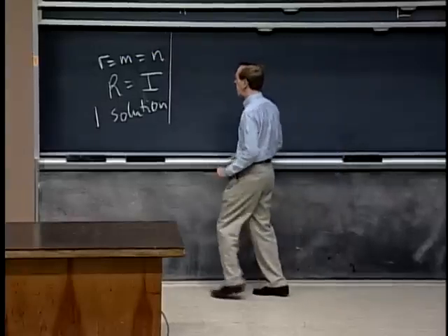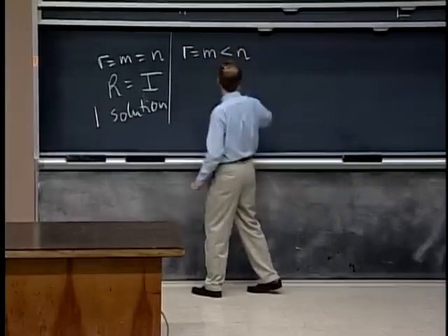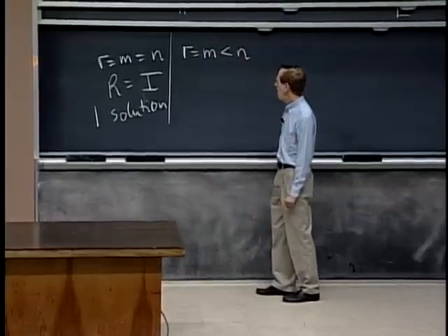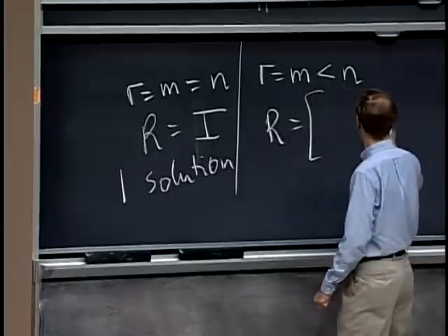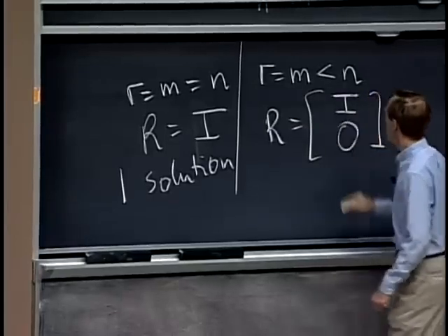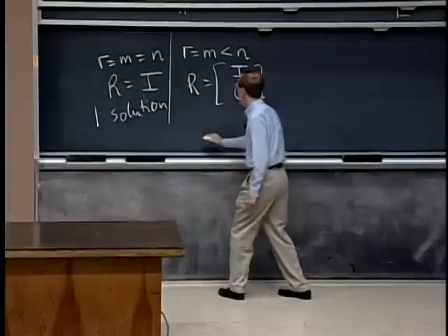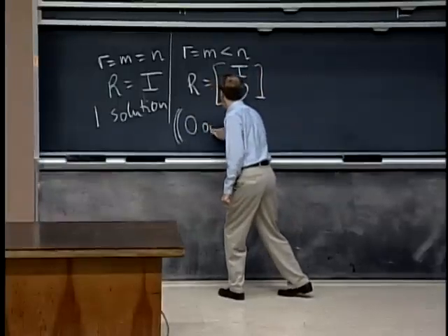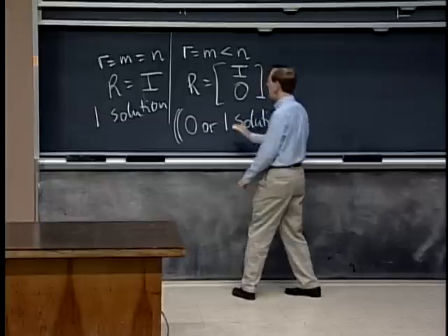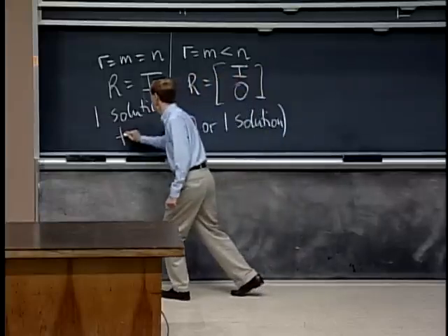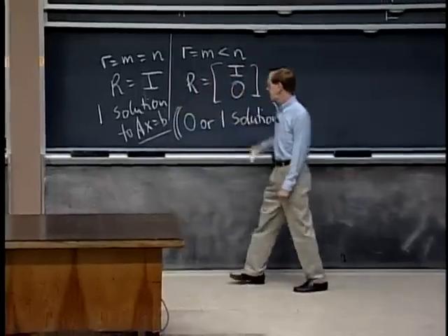Now we're into chapter 3. We could have R equal M smaller than N. Now that's what we had over there, and the row echelon form looked like the identity with some zero rows. And that was the case where there are 0 or 1 solution. When I say solution, I mean to AX equal B. So this case, there's always 1.